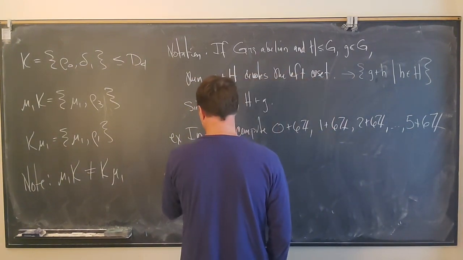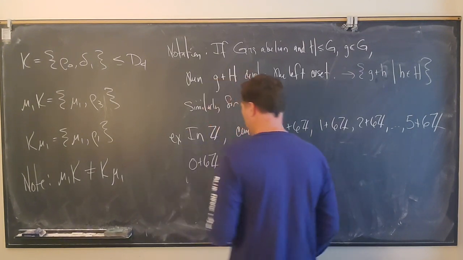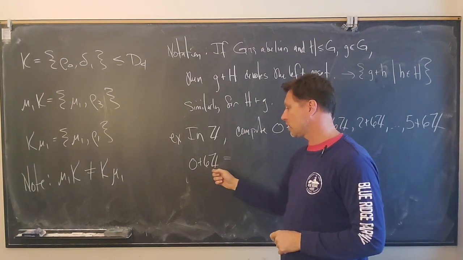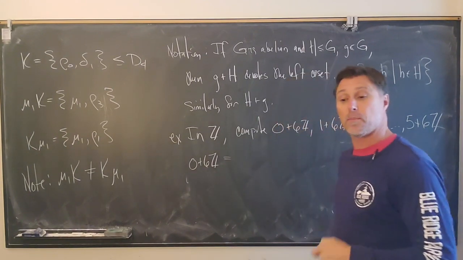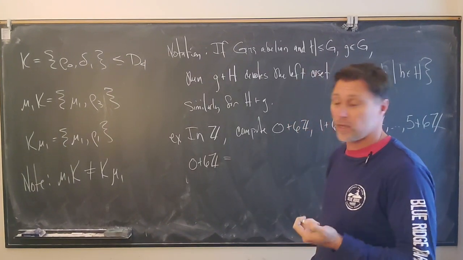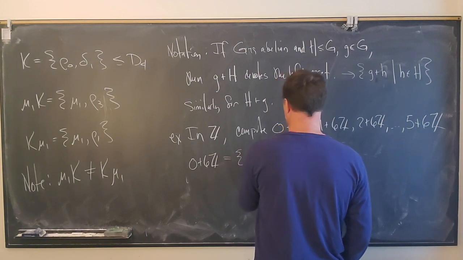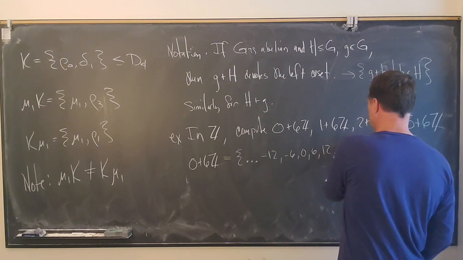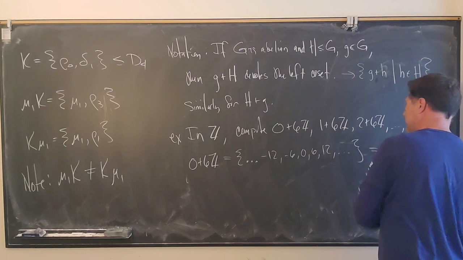So 0 plus 6Z means the set of all things of the form 0 plus little h, where h lives in 6Z. The elements in 6Z are multiples of 6, so if you add 0 to them you just get the multiples of 6: dot dot dot, minus 12, minus 6, 0, 6, 12, dot dot dot. So 0 plus 6Z is just 6Z itself.